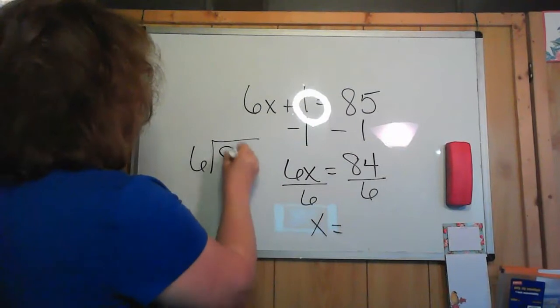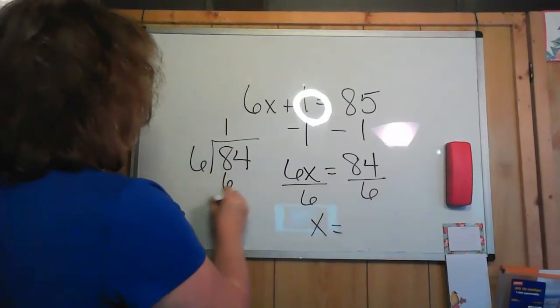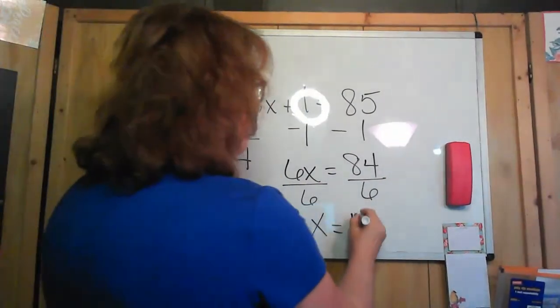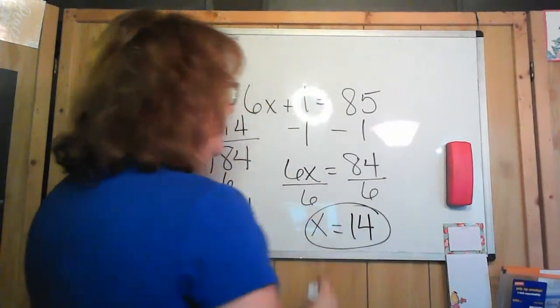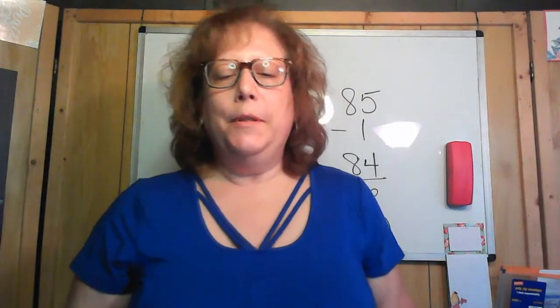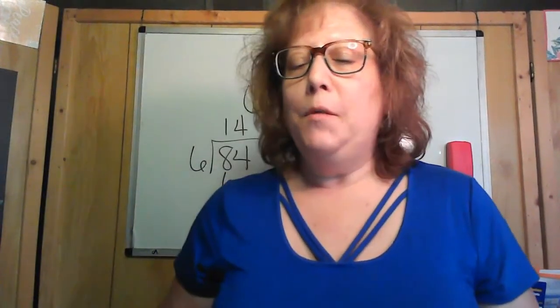I don't have my quick brain on today. 14. x equals 14. So sometimes they'll throw in these little problems. You just need to remember that whatever is on both sides of that angle bisector is going to be equal.